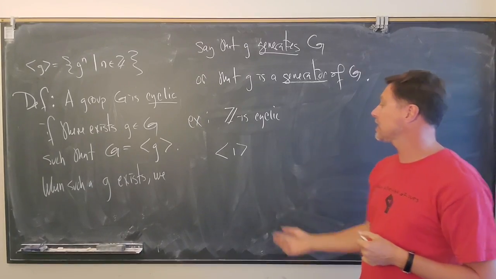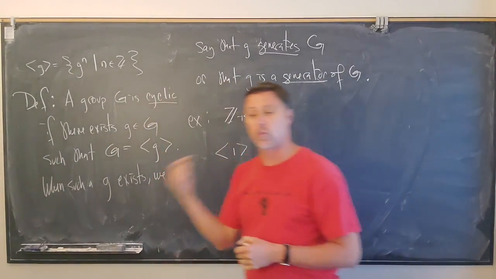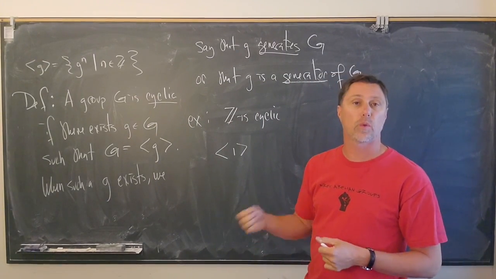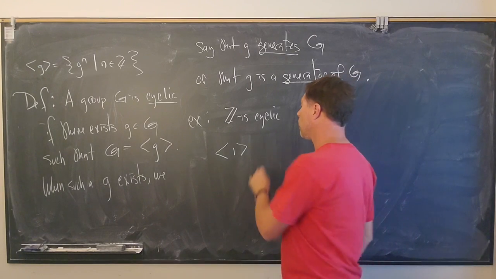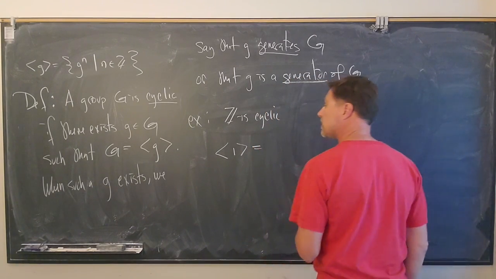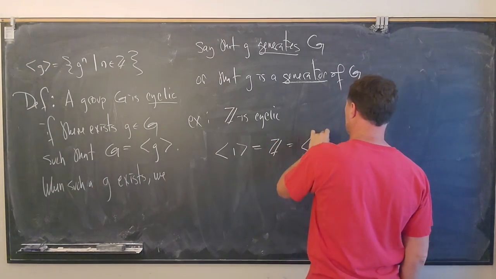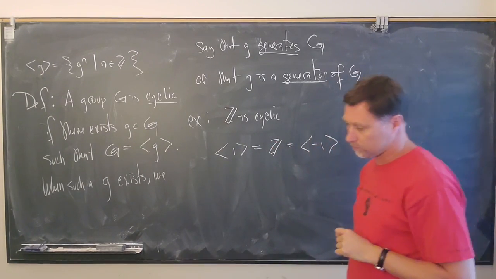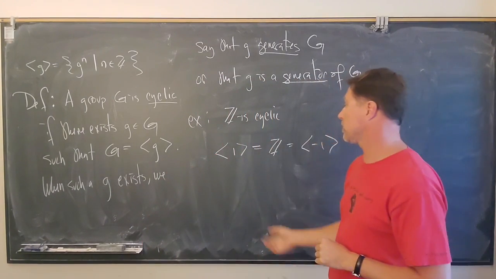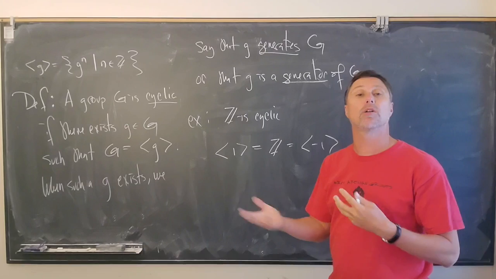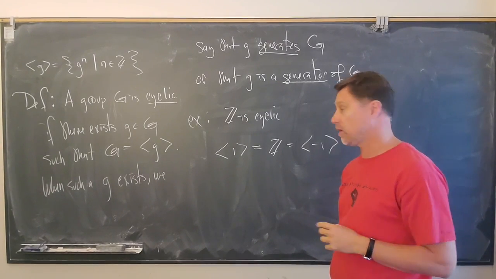So all possible elements that fit this form when the operation is addition: there's 1 plus 1, 1 plus 1 plus 1, and also the negatives. So the cyclic subgroup generated by 1 is equal to Z, and it's also equal to the cyclic subgroup generated by negative 1. You just have to remember that all possible powers in the additive setting means all the different ways that you can add 1 to itself and its inverse to itself.